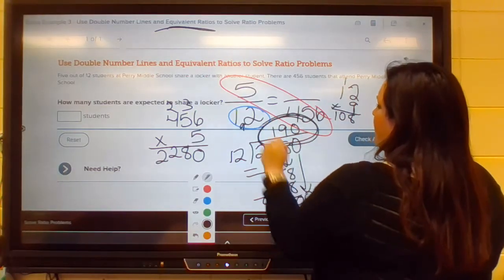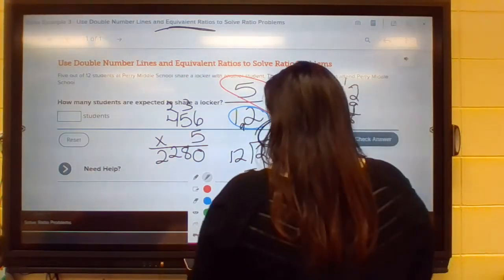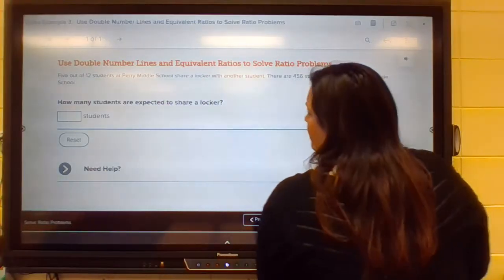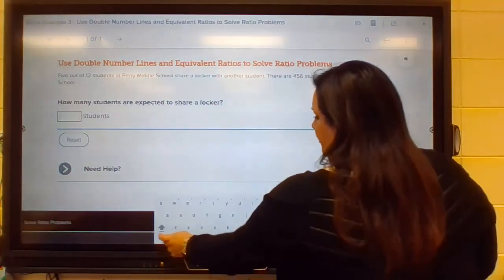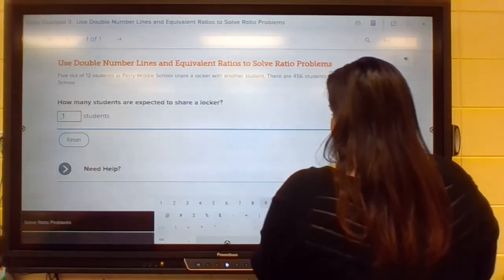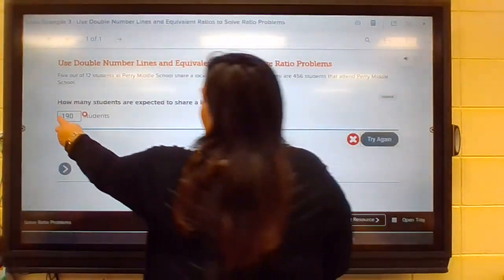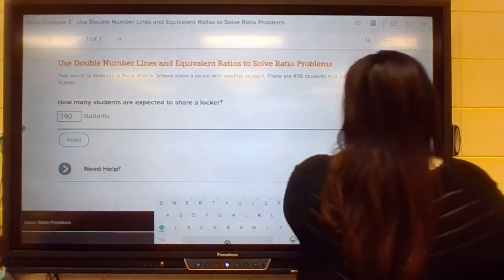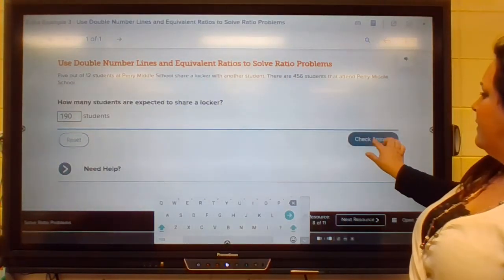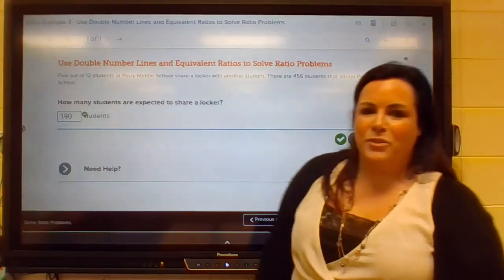So our answer here would then be 190. So let's double check our answer here. 190. Ooh, whoops, it's because I have a comma in there. Delete that. There we go, 190 students.